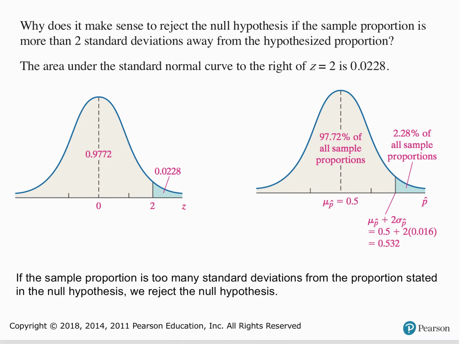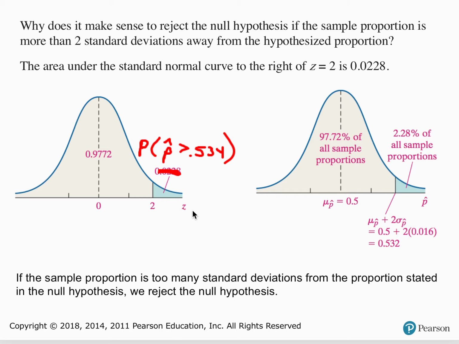So what that means is we want to calculate the probability that p hat is greater than 0.534. Right? This is called the p-value.